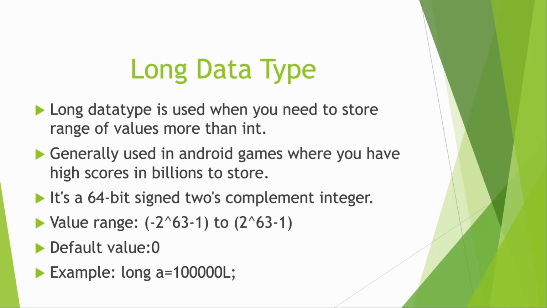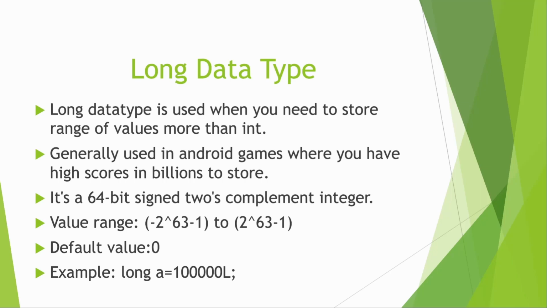Next, coming to the long data type. The long data type is needed when you need to store a range of values more than integer. Like in Android games, you need to save your scores, high scores. It is in billions and all. You need to save that large amount of data.